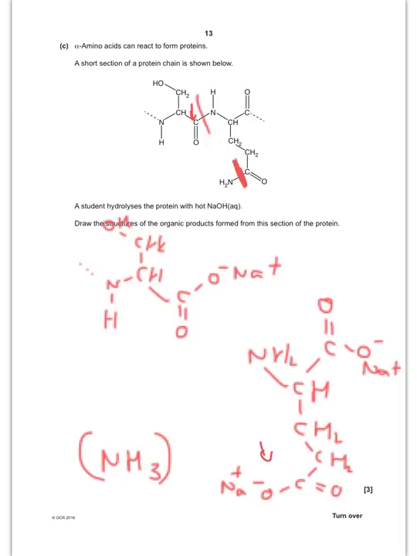I've also shown you will produce ammonia here from this one going off. They didn't want it because they only wanted organic products, but I've shown it anyway. Don't forget, because you're in sodium hydroxide, you produce the carboxylate salts, not the carboxylic acids.